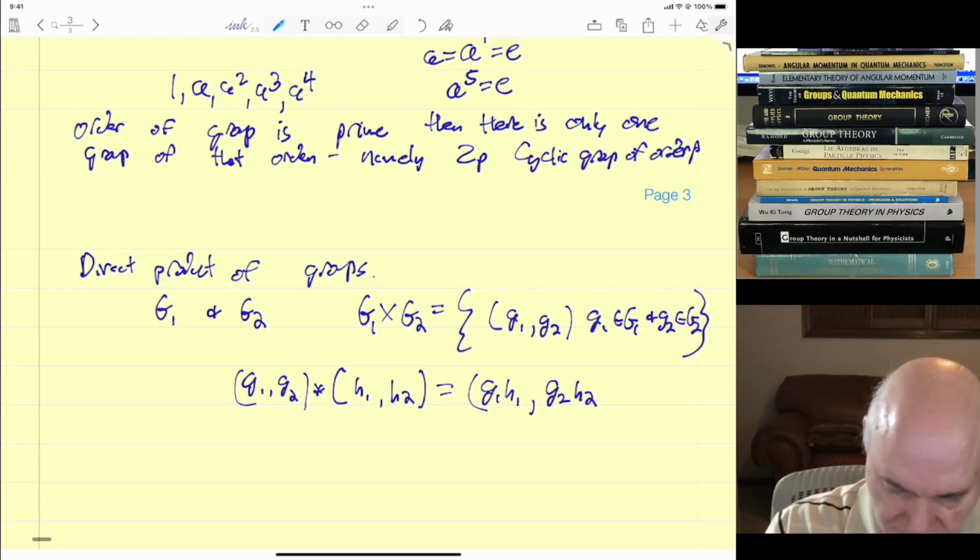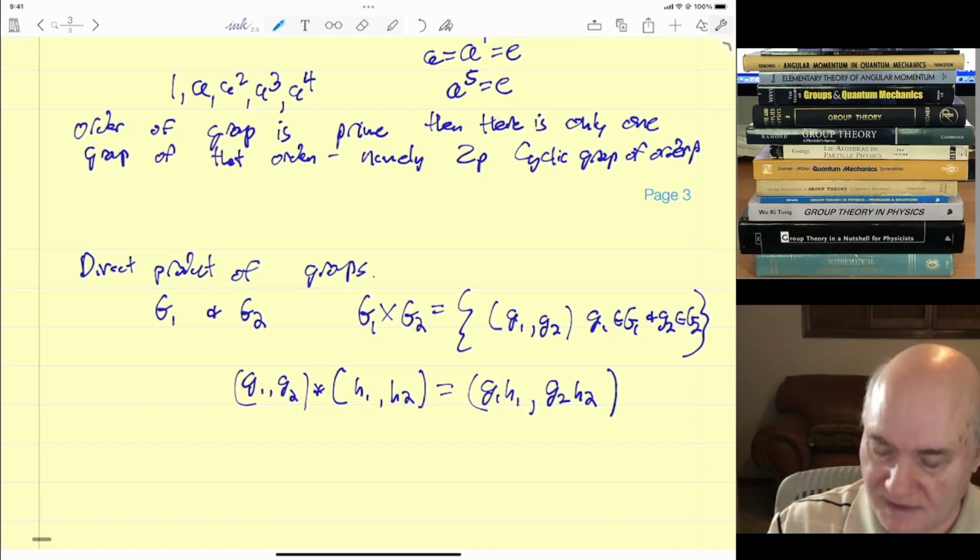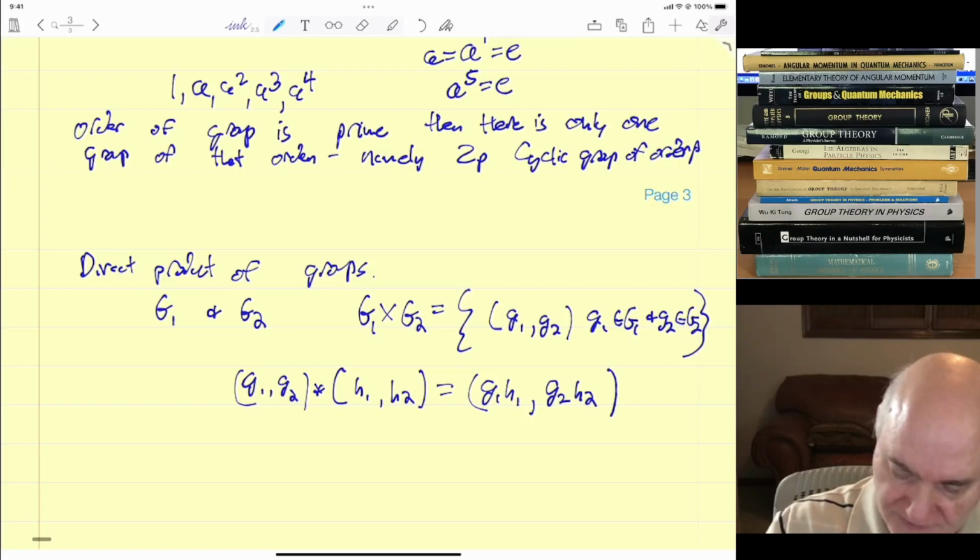This is a useful way of getting other groups. If we have two groups, we can just take a direct product and we get another group. And that's one way. If we take Z2 cross Z2, you'll find that we get the D2 or V that we talked about earlier.